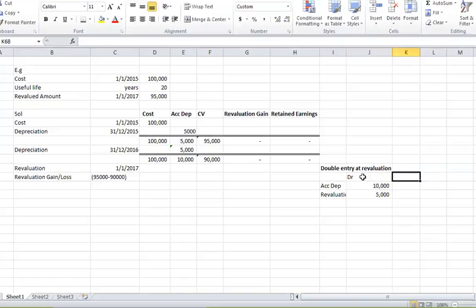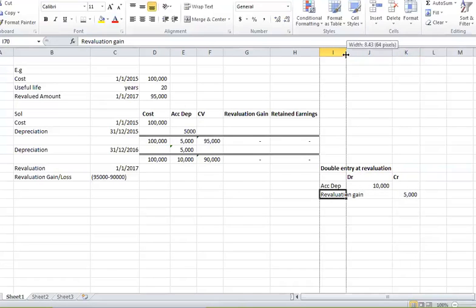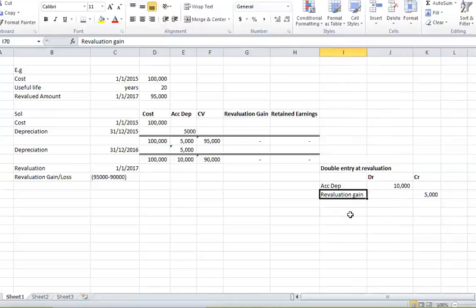Debit, and this is credit. So revaluation gain is credit. Debit would be accumulated depreciation, credit would be revaluation gain, and cost of the asset will be the balancing amount. Balancing figure. So this would be the double entry at the time of revaluation.